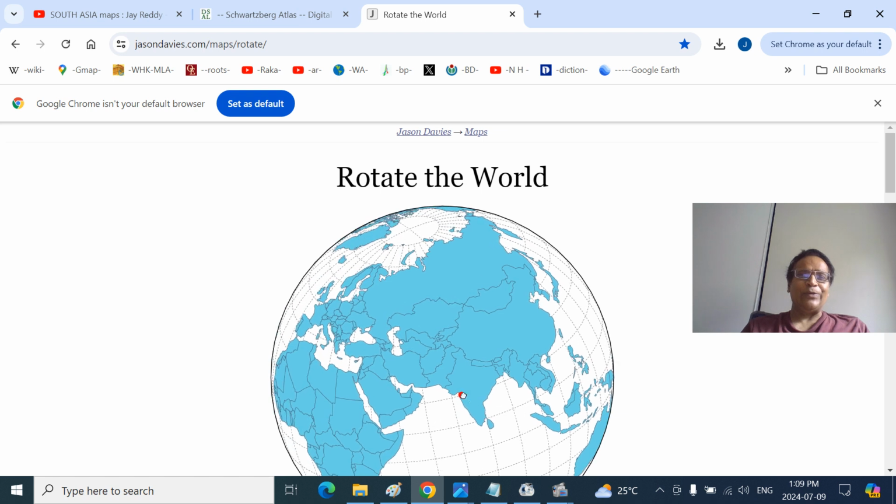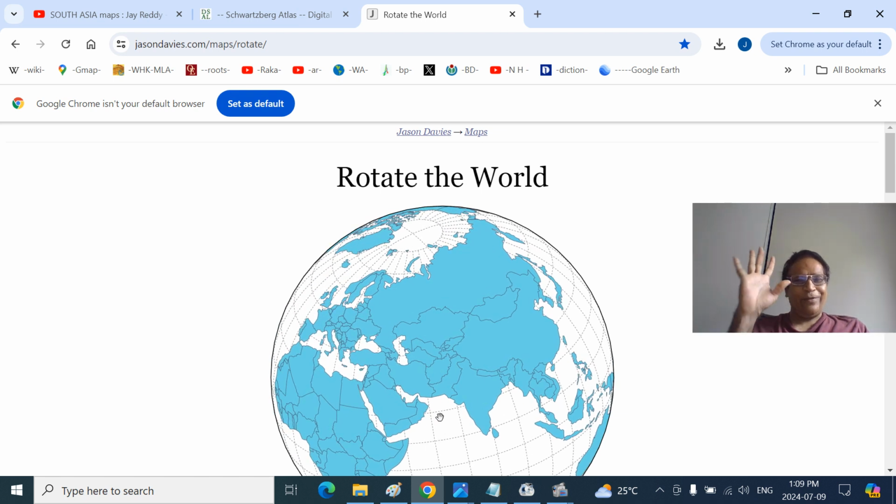That's what we talked about today: the four Punjabs, the population and surface areas, and population density per square kilometer.